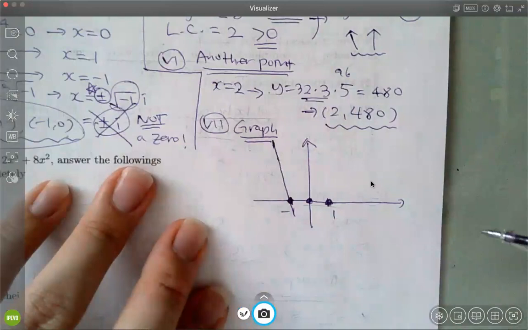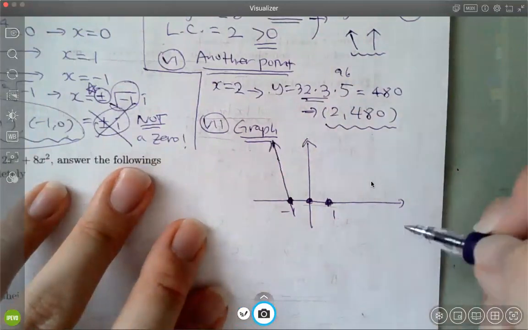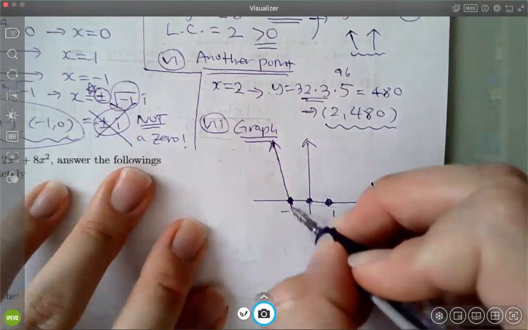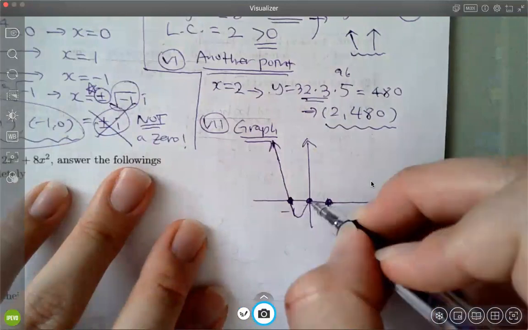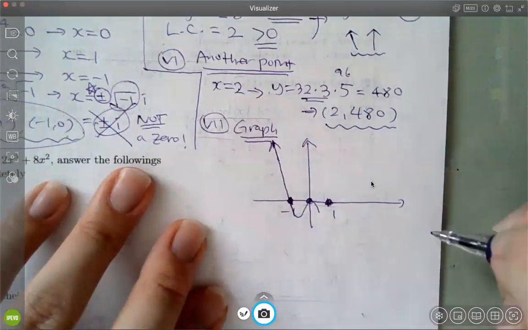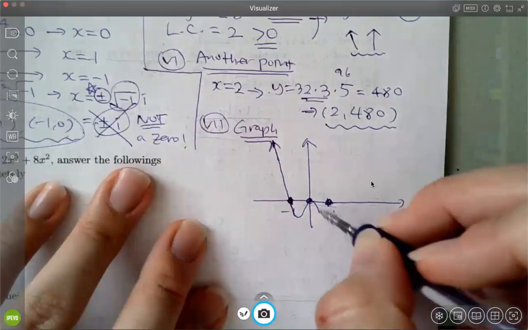Now the graph has to touch 0, so what has to be the case? The graph has to change direction, touch 0, and then bounce back, right? So the graph still stays below the x-axis. Then the graph has to cross 1, so what's the only option?